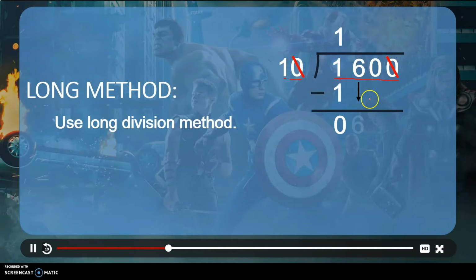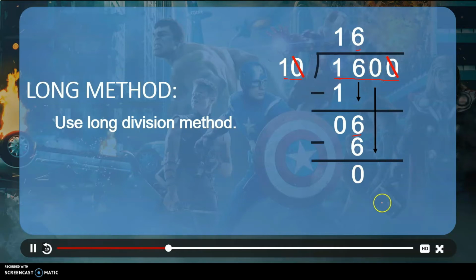So bring down 6. 6 divided by 1 is equal to 6. Then multiply again. 6 times 1 is equal to 6. Then after we multiply, we will subtract. 6 minus 6 is equal to 0. Then, is there still a number that we can bring down? Yes, meron pa. So that will be 0.